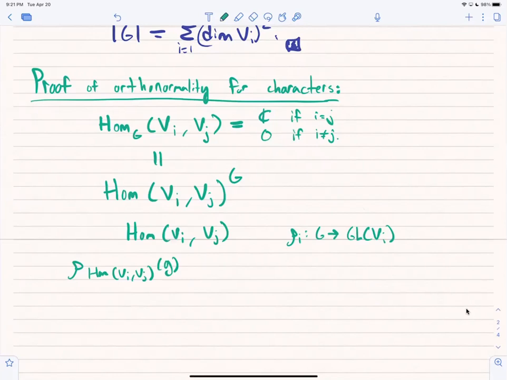And the action of G on some linear transformation phi is just, I take phi and I precompose with rho I of G inverse, and then I postcompose with rho J of G. I think I wrote this down in the first lecture on representations, but good to have it again.